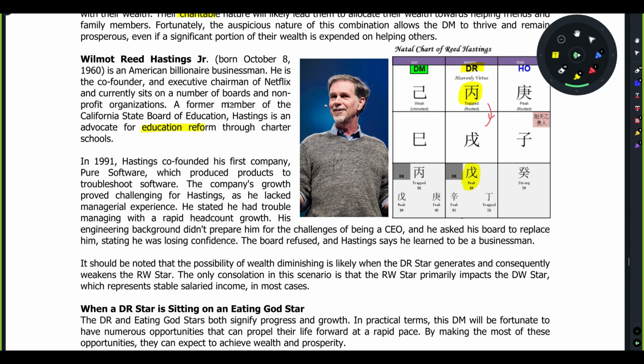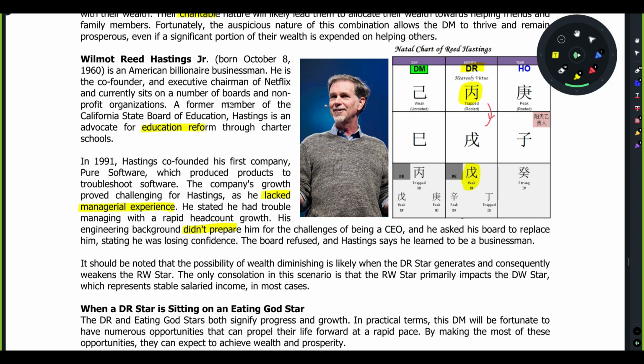But direct resource people tend to lack managerial experience. Therefore, they tend to have trouble managing people. And so Reed Hastings, when he co-founded the company, he tendered his resignation to the board of directors. He explained to them that he's not really prepared to face the challenges of a CEO, as he was losing confidence.